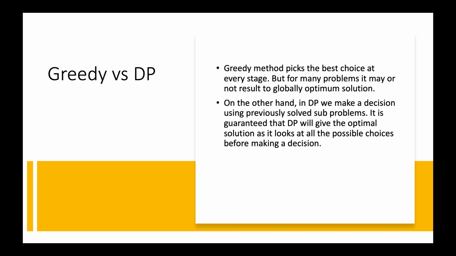It is guaranteed that DP will give the optimal solution as it looks at all the possible choices before making a decision. So when you hear this sentence that it looks at all the possible choices, you may think that this is a brute force approach. It is kind of a brute force approach, but it's a very smart and very well planned brute force approach, is what I would say.